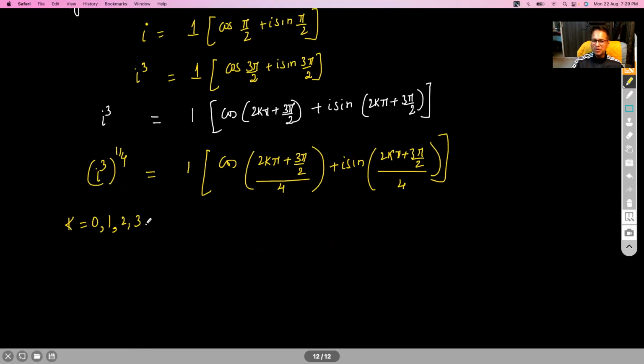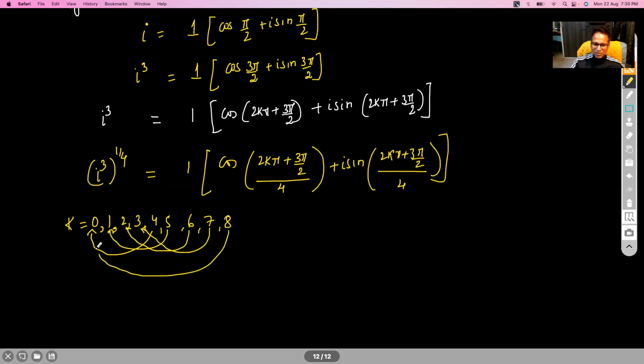So if I put a 4, it will give me the same value as what I got for 0. If I put a 5, I'll get the same value as for 1. If I put 6, the same as for 2. If I put 7, the same as for 3. If I put 8, again the same value as for 0. So that is the reason why we don't put anything beyond 4 consecutive values, because our roots will start getting repeated. Okay.